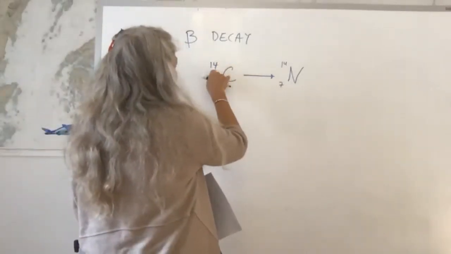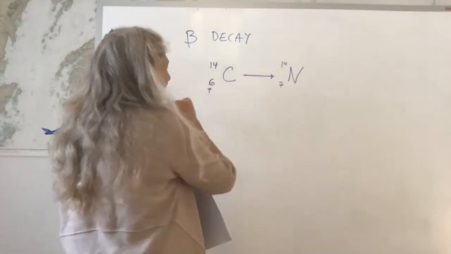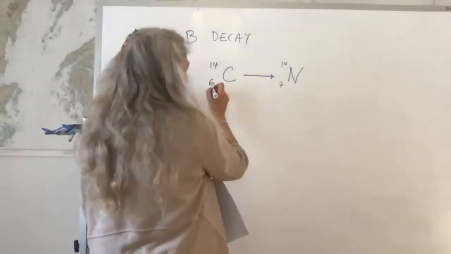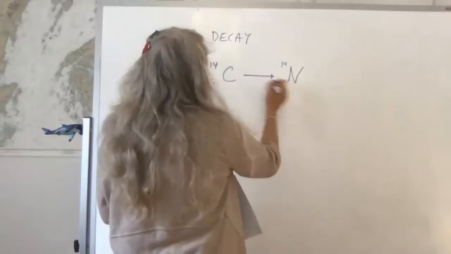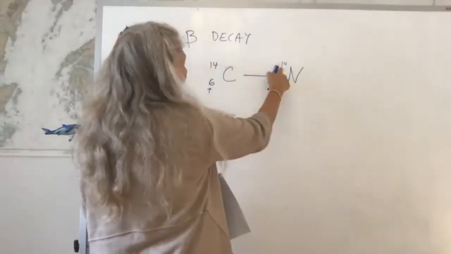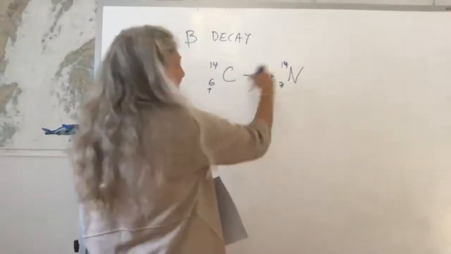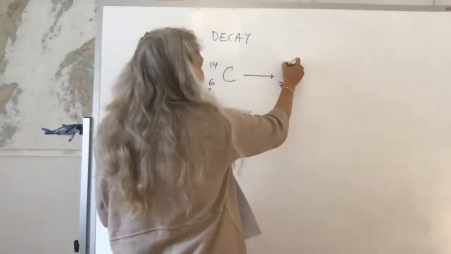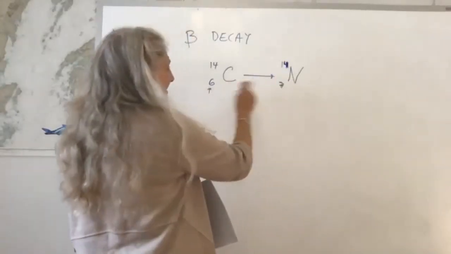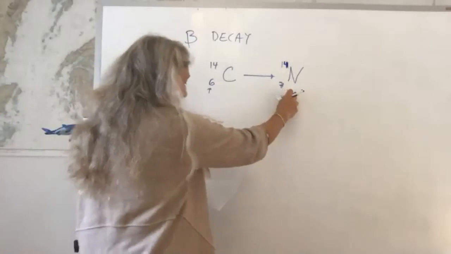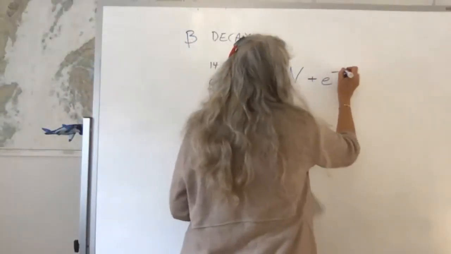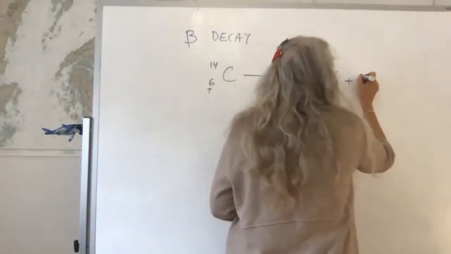This is the number of protons plus neutrons. The 14 is the same on both sides, so the number of protons plus neutrons stays the same in this reaction. This carbon is turning into nitrogen plus an electron plus something else.